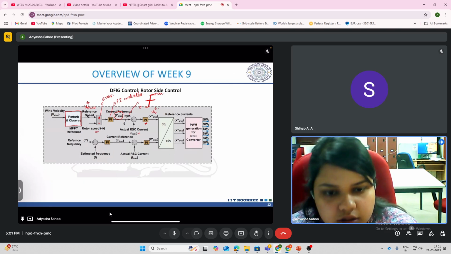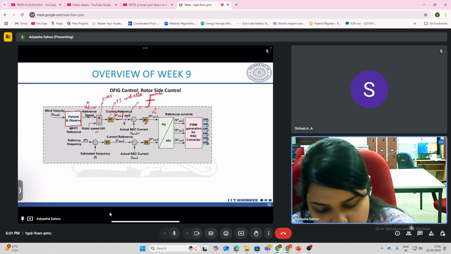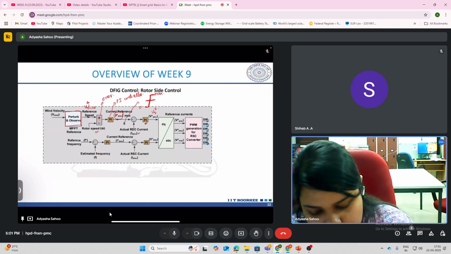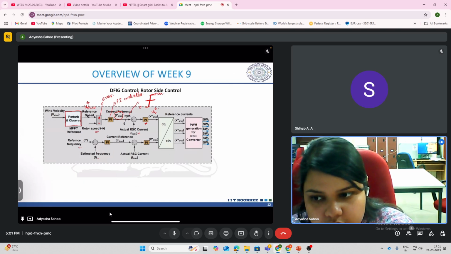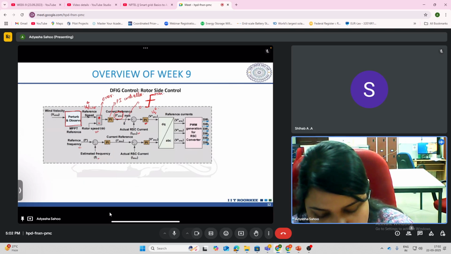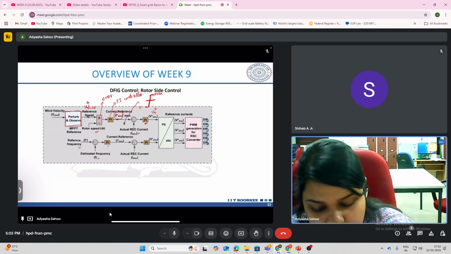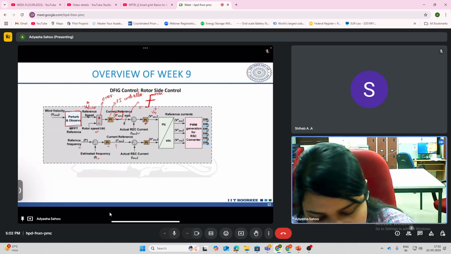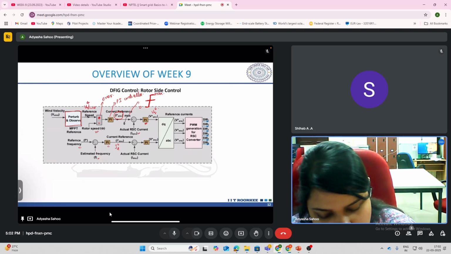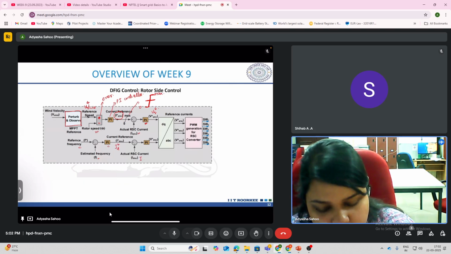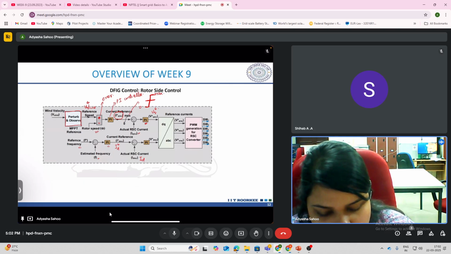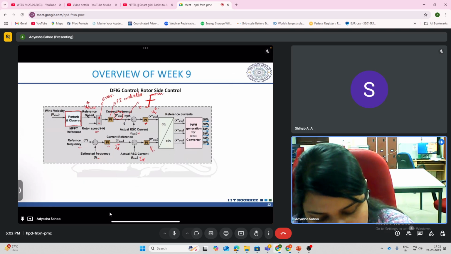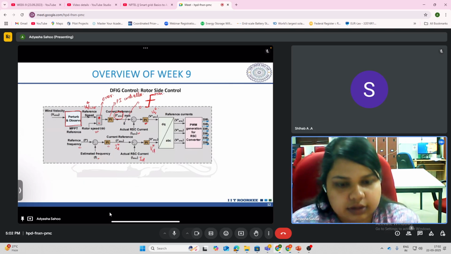Now, this was the Q axis. In the D axis, we are tracking the frequency and matching it with the estimated frequency. Again, we minimize this error in the PI controller and calculate the D axis current, ID star. Then we compare it with the actual rotor current ID and similarly get the voltage reference for the D axis.